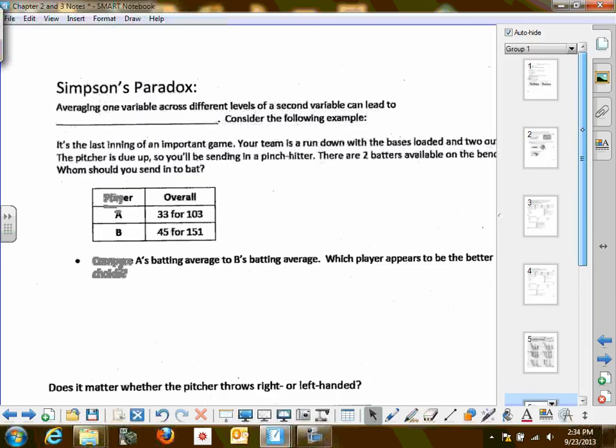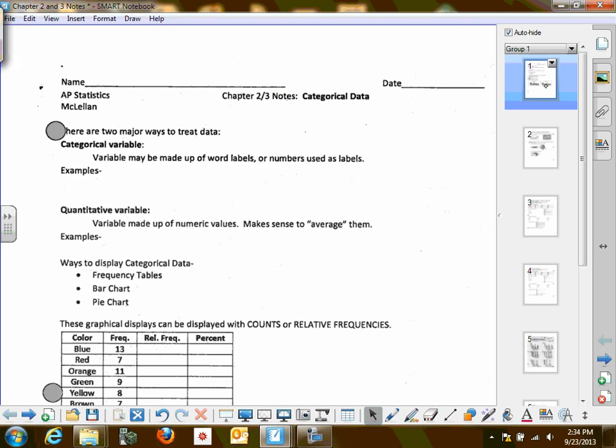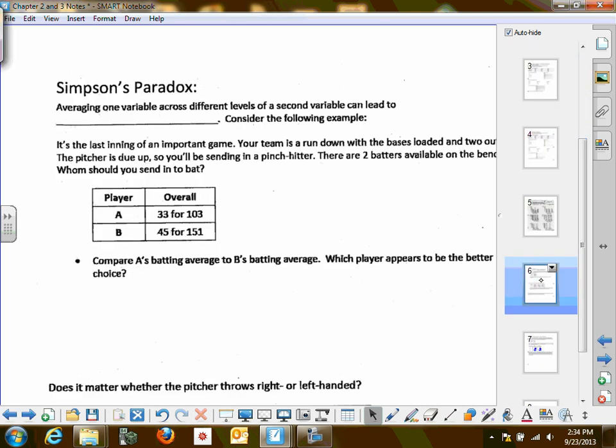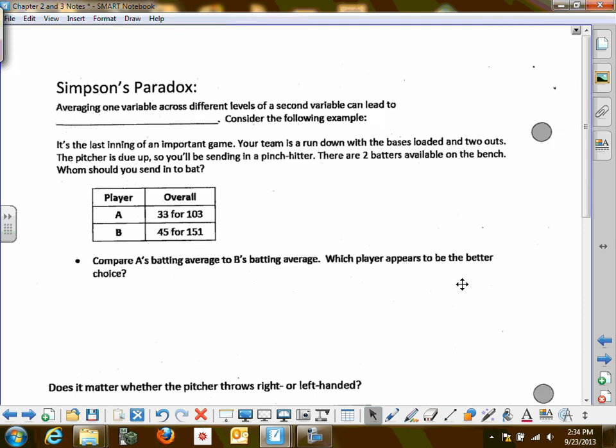Again, the notes look like this. They're chapter 2-3 notes. Then the second to last page is about Simpson's Paradox. In fact, let's see here.